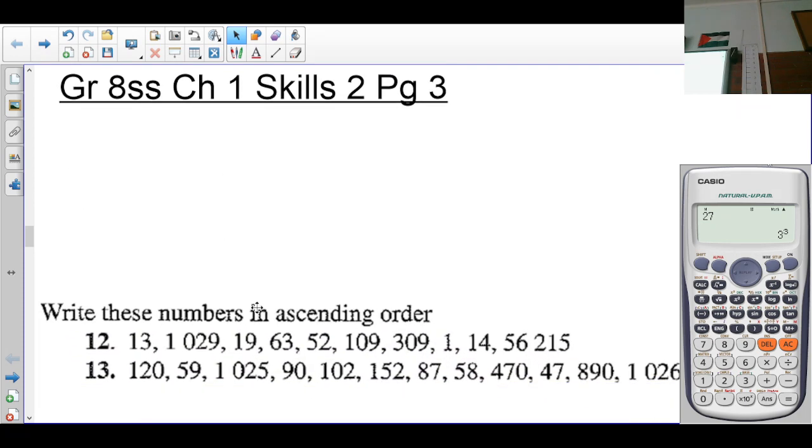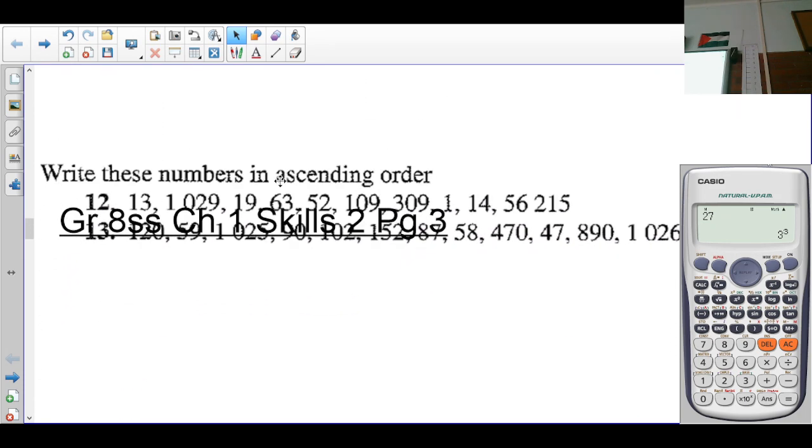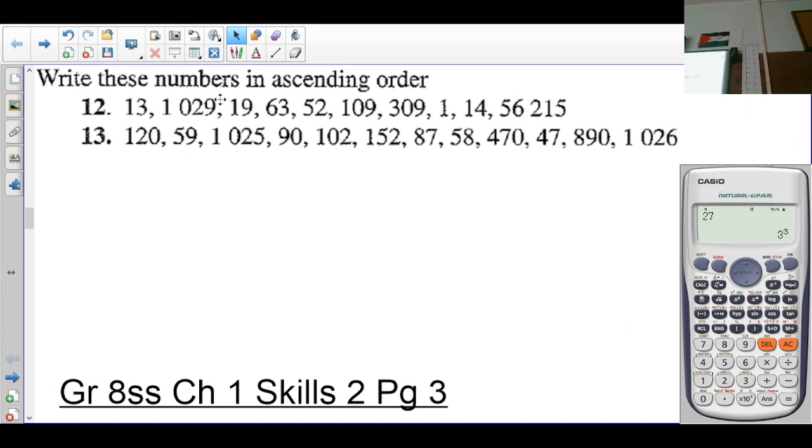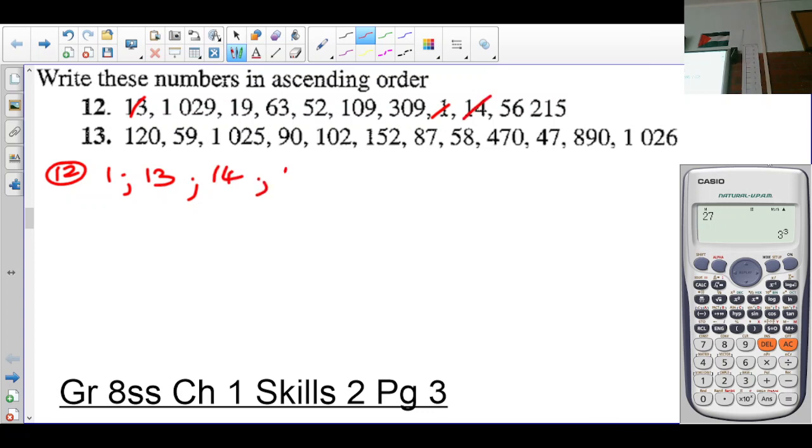Then the next question says, write these numbers in ascending order. People, what does ascending mean? Smallest to biggest. So what is the smallest number in number 12? 1. Followed by? 13. Followed by? 14. Followed by? 19.